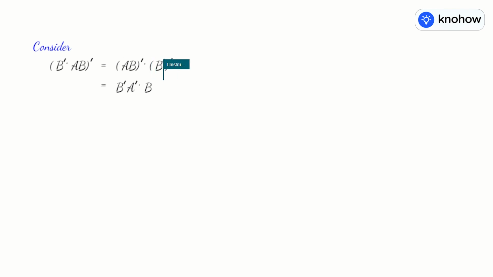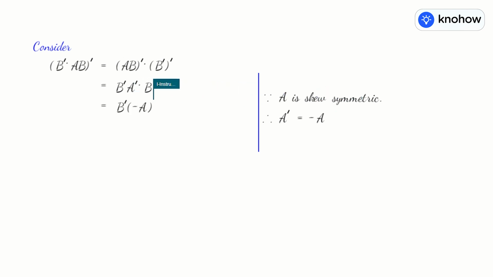And now this, since as mentioned earlier, A is a skew symmetric matrix, so A dash can be replaced by negative A. So you get B dash negative A times B, or negative may be taken out. So negative times B dash A B. So what does it prove finally?